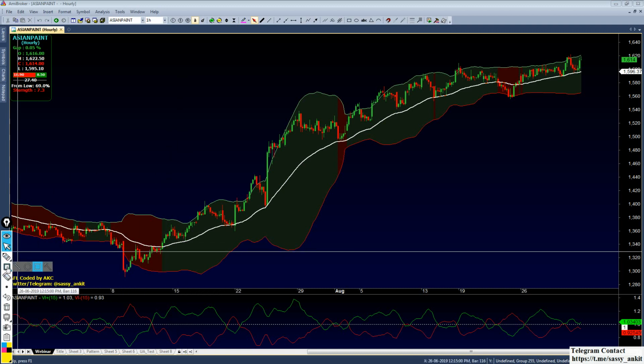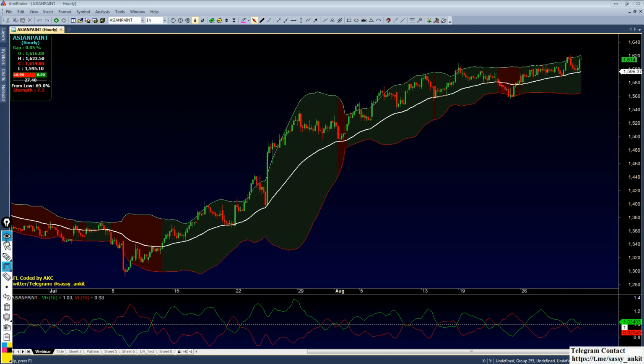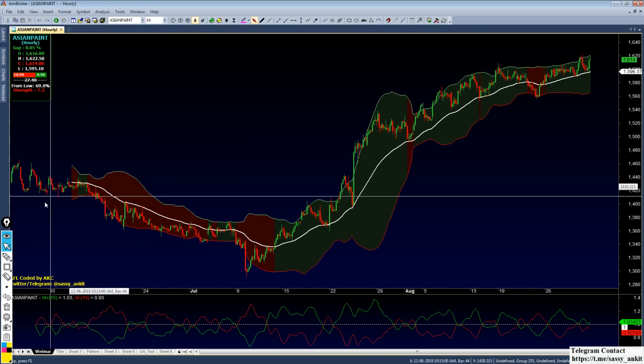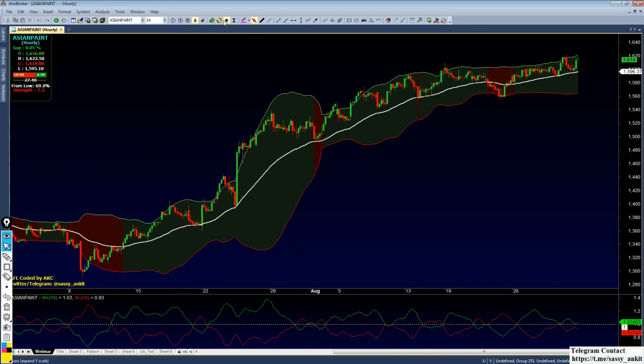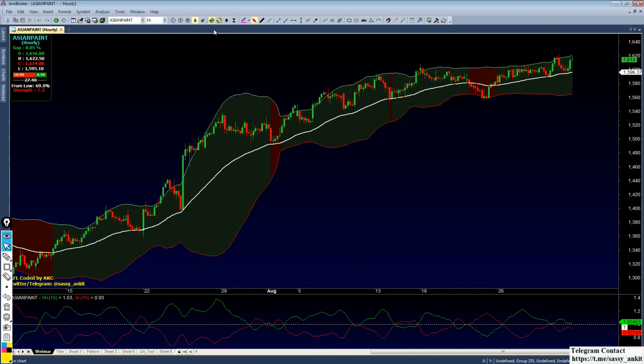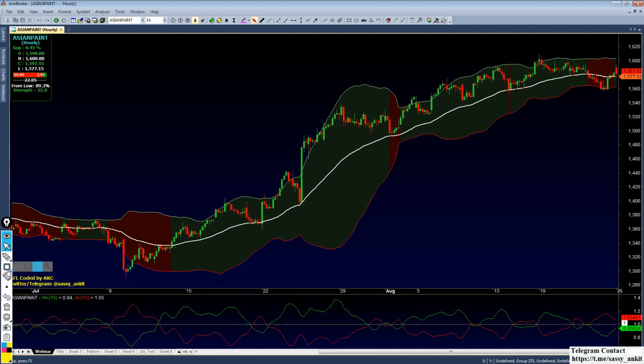After this point, okay, here my market was trading in a range. We also have a Bollinger squeeze. We are waiting for price to break either upside or downside.